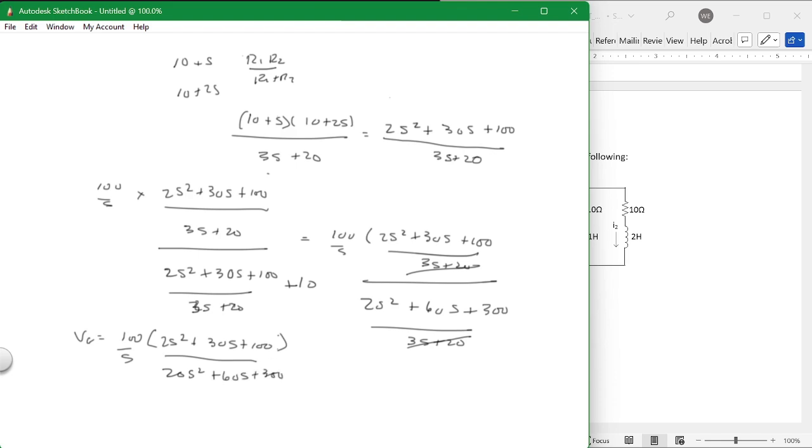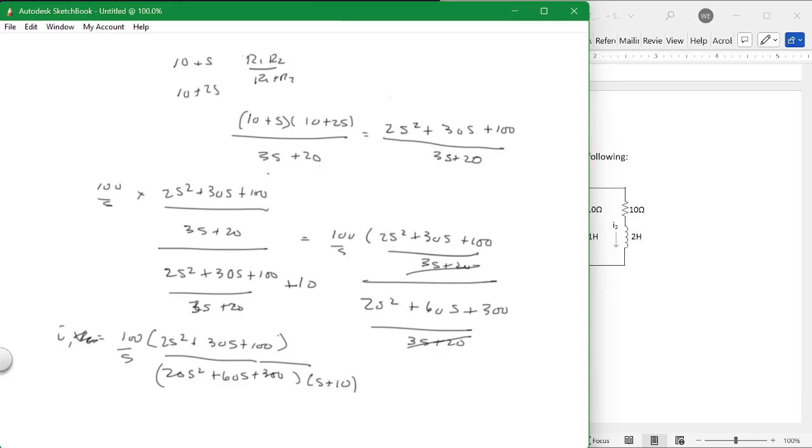Now I divide that by what? To get I1, it's 10 plus S. So I put a 10 plus S in the denominator, and that's my I1. My I2 is S plus 2S plus that.